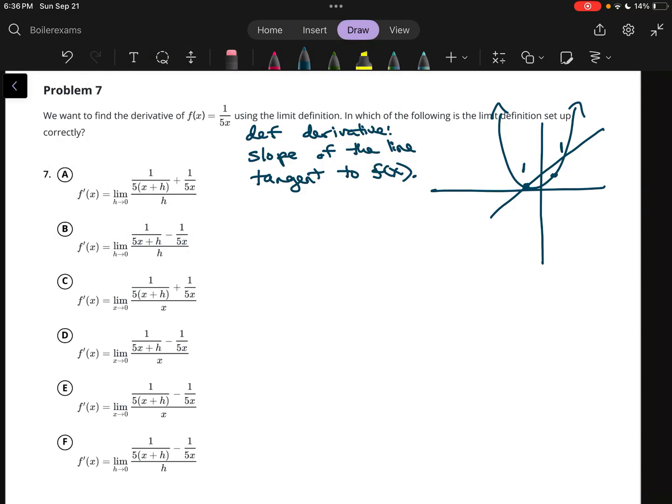So we can call this point over here x, and this point over here x plus h. What we want to do is find the slope of the line of this secant. Slope is always given by delta y over delta x. We take f of x plus h minus f of x, divided by the delta x, and the delta x is x plus h minus x.